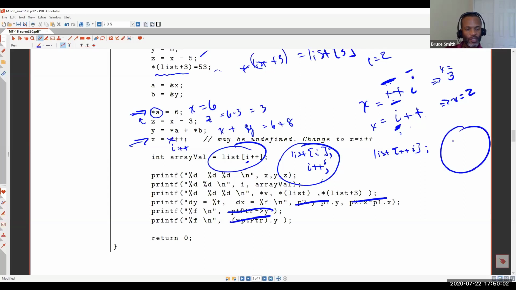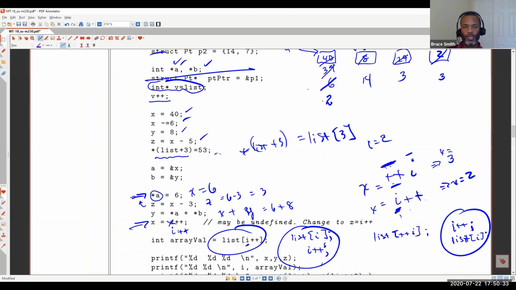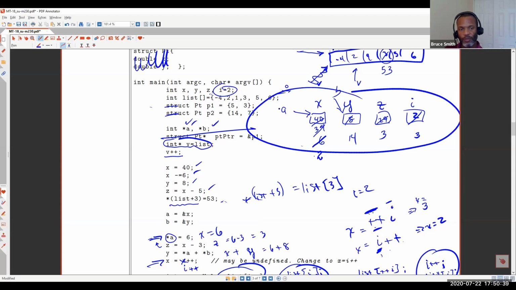This is the same as increment I first. So this would be the I plus plus, and then use that newly incremented value of I. So the easiest way to step through this should be kind of maybe a 2-minute, 3-minute type of problem, is to set up a trace scheme of the 4 variables and the array.